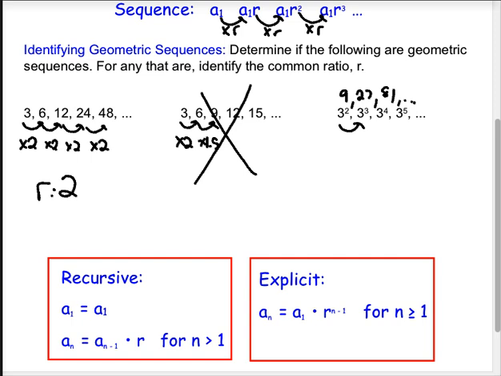Well, 3 to the third divided by 3 squared gives you 3. How do I get from 3 to the third to 3 to the fourth? Well, 3 to the fourth divided by 3 to the third is times 3. Same thing here, times 3. So this one is again geometric with an r of 3.